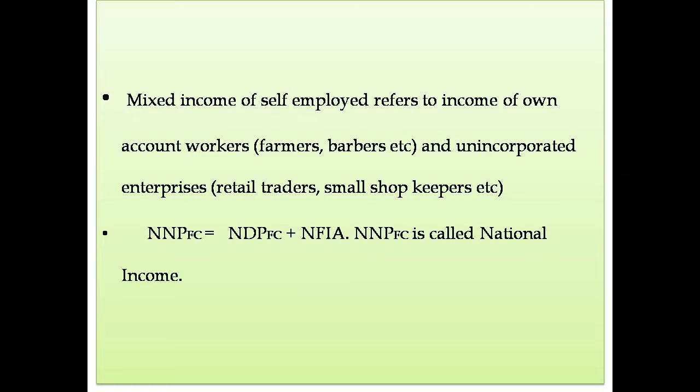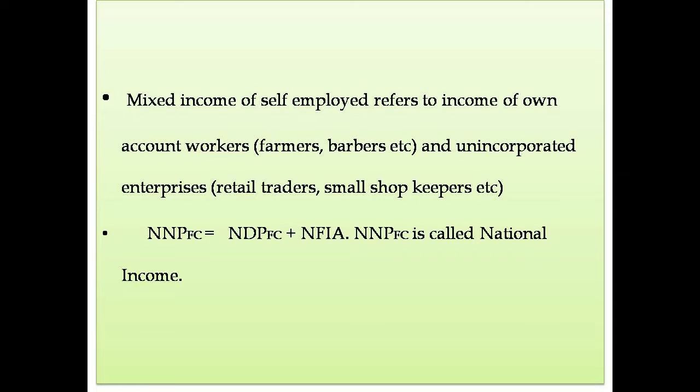After calculating NDPFC, we can directly calculate national income, that is NNPFC. NNPFC is equal to NDPFC plus NFIA, net factor income from abroad. So NNPFC is what is called the national income. Other aggregates you can calculate. Suppose you want to calculate GDPFC from NDPFC.